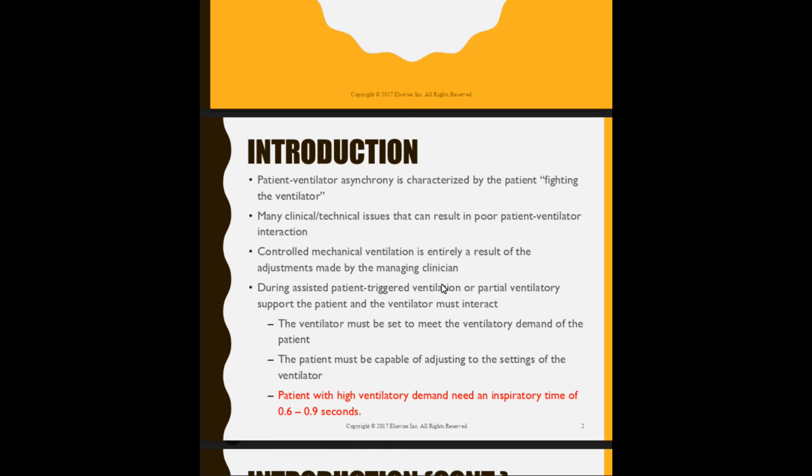Okay, so we're dealing with ideal body weight, but based on height. So when we put someone on the ventilator, we're considering how tall they are, and we're calculating a volume. All right, and so by doing that, that is our cookie cutter way of putting people on the ventilator.